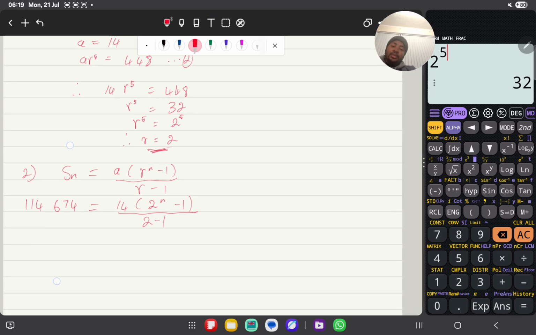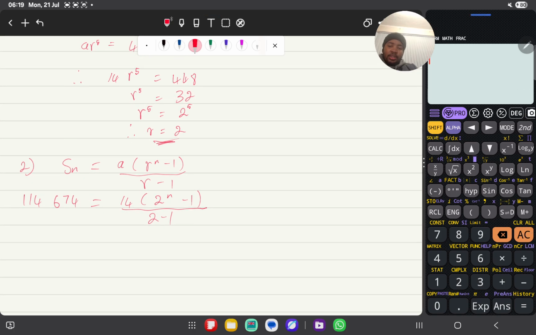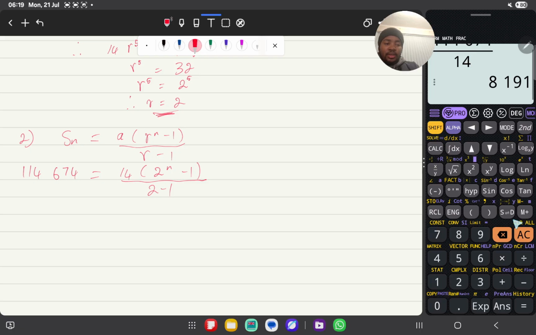Let me just check that 114,674 is divisible by 14. Beautiful, it is. So 114,674 equals 14 times (2 to the power of n minus 1). Then I divide by 14.